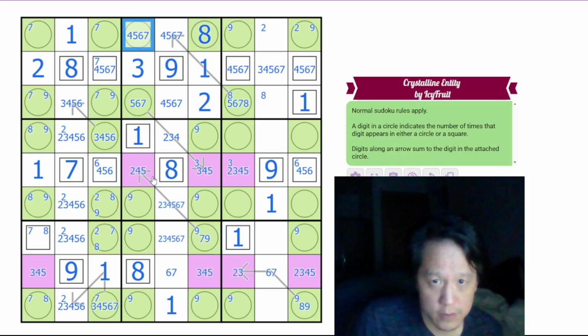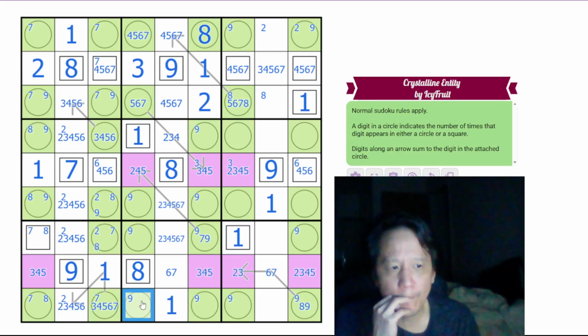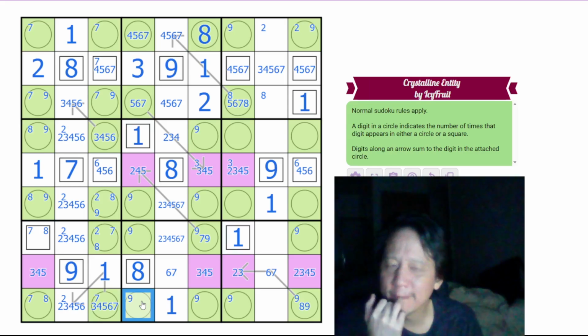Right. We have 1, 2, 3, 4, 5, 6. This is 8. It's 14. So we have 6 here in column 1. 8 in column 3. 1, 2, 3, 4, 5, 6. Do I want to count those? Oh, maybe.